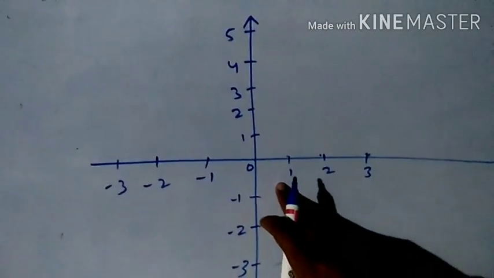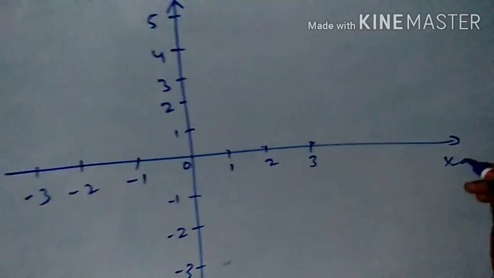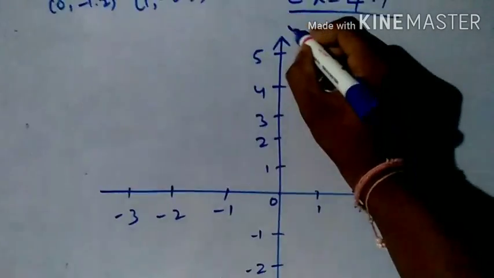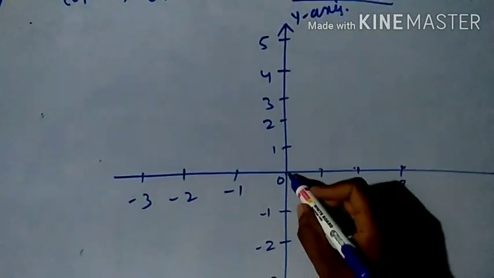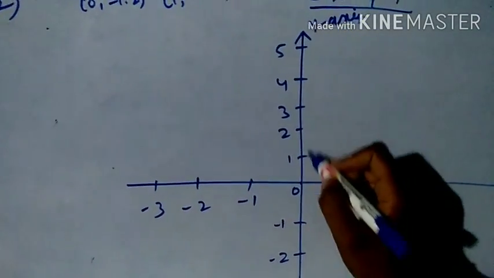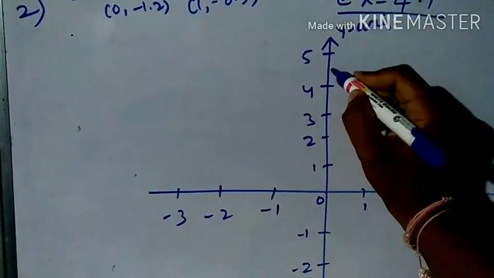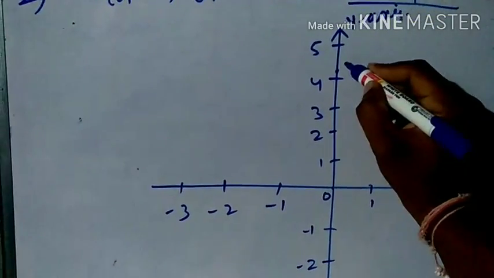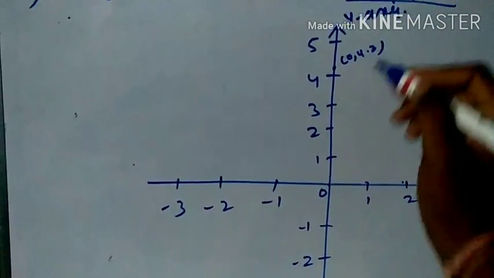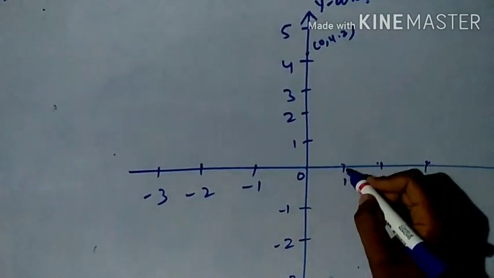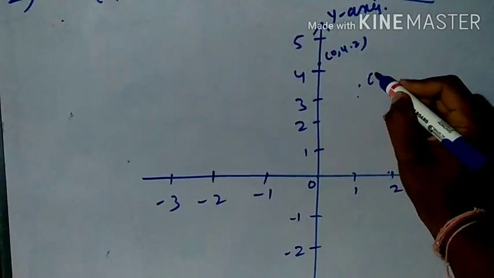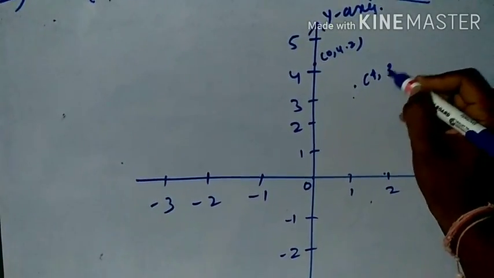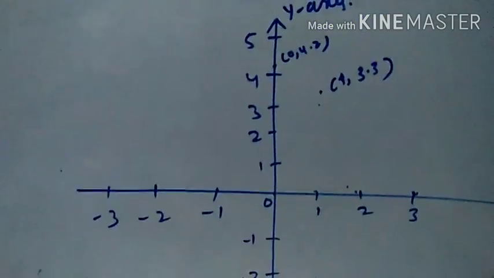Okay students, this is the graph. It is the x-axis, it is the y-axis. So it is 0 comma 4.2, here. Next 1 comma 3.3.